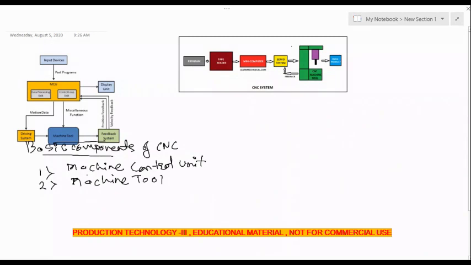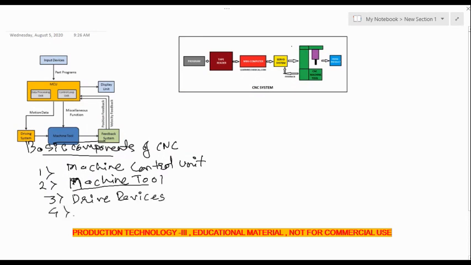We have tried to understand the difference between the conventional machine tool and the CNC machine tool. So these are the two major components, and the third component is the drive devices.